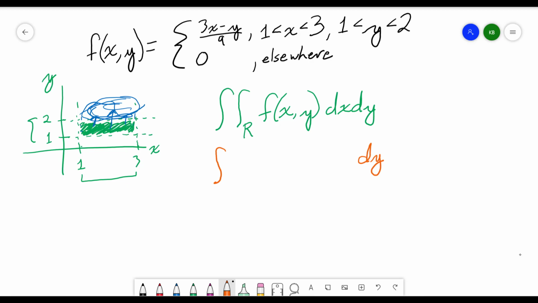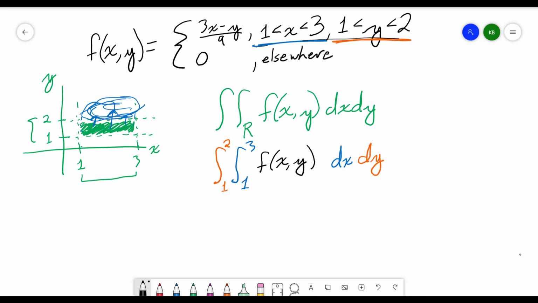So my first integral will have my y bounds, my 1 and my 2. And then the dx is inside of that, so the inner integral will have my x bounds, 1 to 3. And then my function inside stays the same, my f of x, y function.